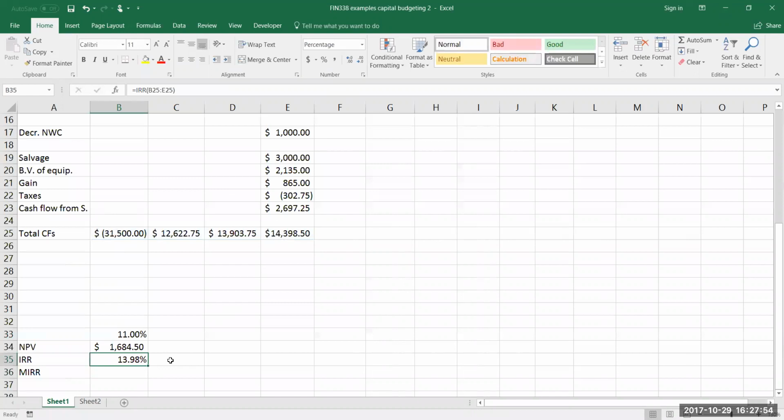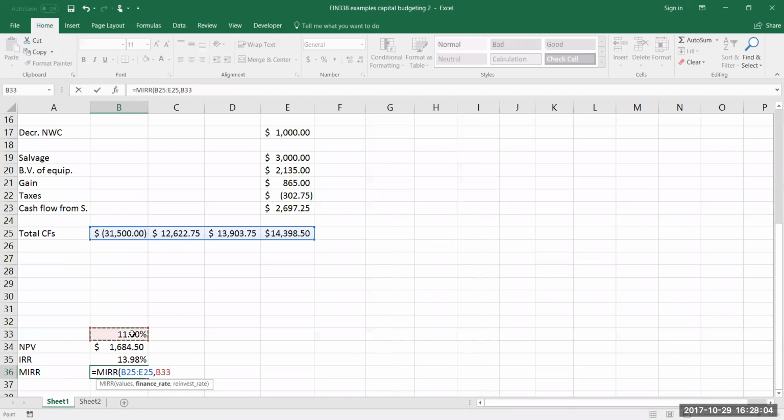So let's calculate the MIRR. So equals MIRR, and we're going to highlight all the values, comma. Now there's a finance rate, which is our risk-adjusted cost of capital, and a reinvestment rate, which, as we've discussed in the prior video, we're going to assume in this case is the cost of capital that applies to the project.